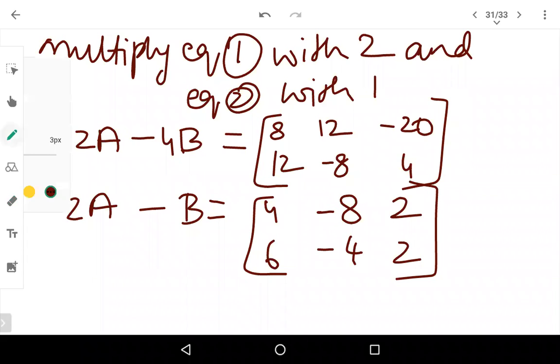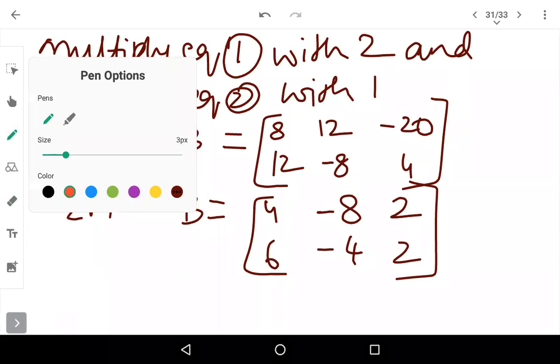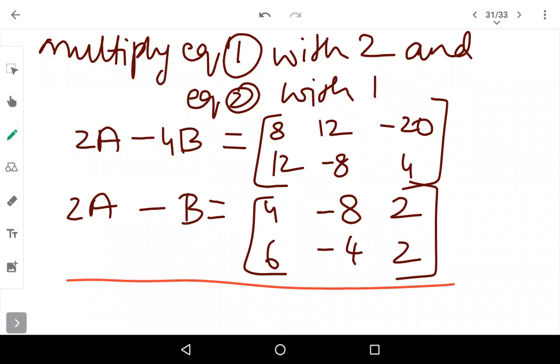Now this is a simultaneous equation. Here I'll have to change the sign. Plus will become minus, minus will become plus. Here it is a plus matrix, so it will become minus.